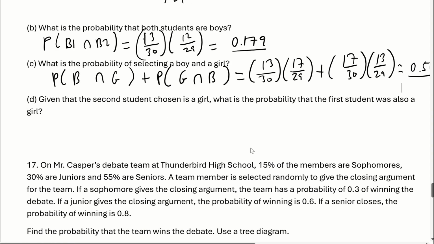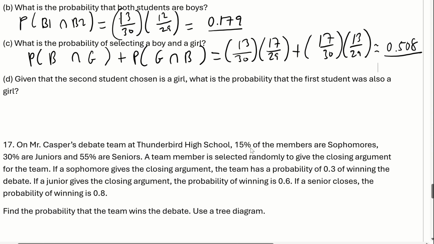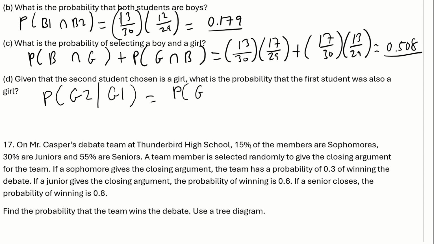All right, so given that the second student is a girl, what is the probability that the first student was also a girl? So the probability that the first student was a girl, given that the second student was a girl. Okay, so now this is the probability that the second one was a girl and the first one was a girl, divided by the probability that the second one was a girl.